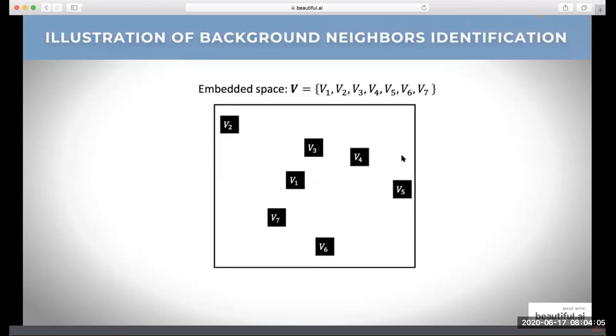Now let's go through an illustration of that, using a simple example to better understand how the background neighbors identification works. We have this embedding space V, which consists of 7 images, V1 to V7, randomly distributed in this space.